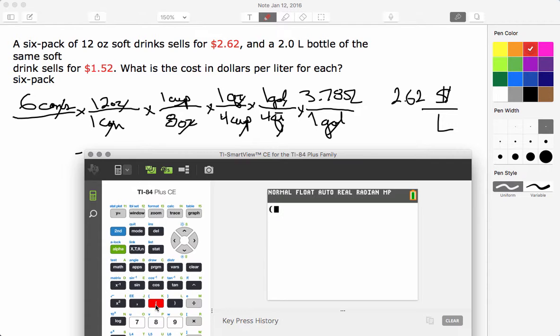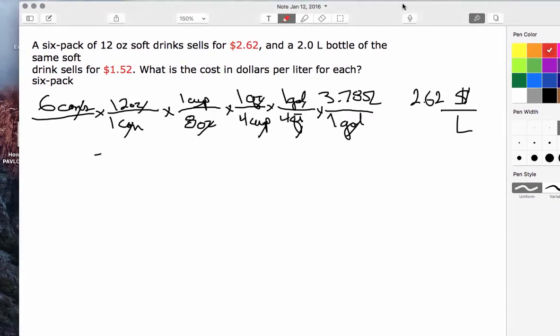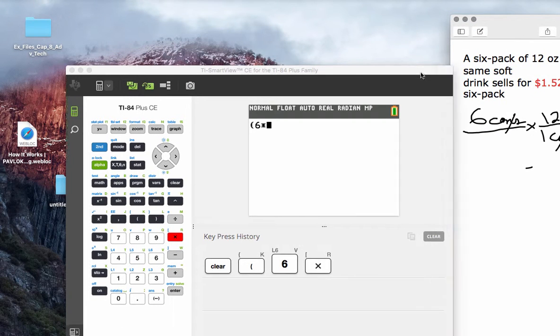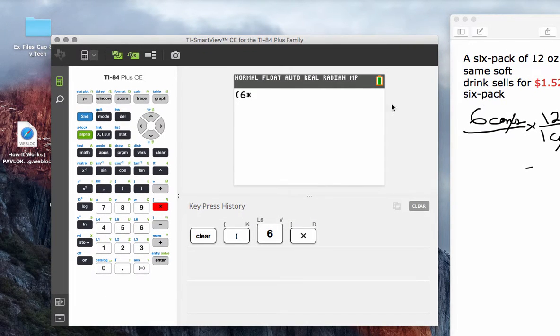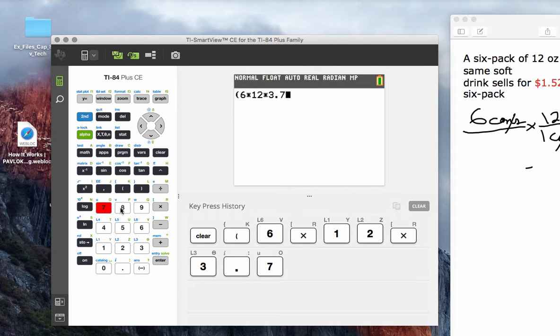So I'm going to put a left parenthesis, and I'm going to go 6 times 12 times 3.785. I'm leaving the ones off. And then I'm going to divide it by 8 times 4 times 4.